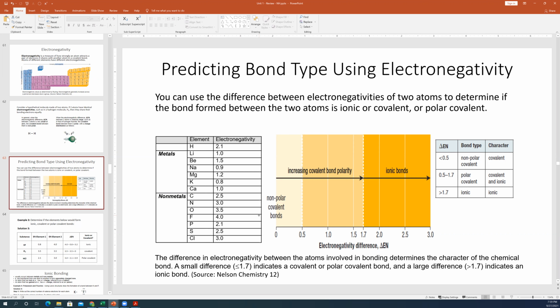The difference between the electronegativities of two atoms can be used to determine what type of bond is going to be formed. If the difference is 0.5 or less, you usually have a non-polar covalent bond. If it's between 0.5 and 1.7, you have a polar covalent bond, and the character of this kind of bond is both covalent and ionic. Then you have purely ionic bonds when you have a difference greater than 1.7.